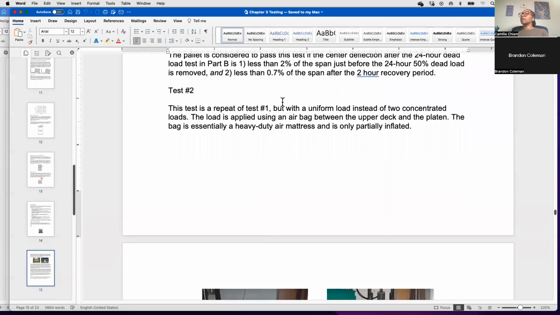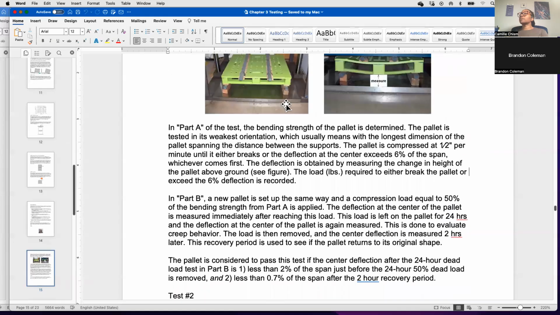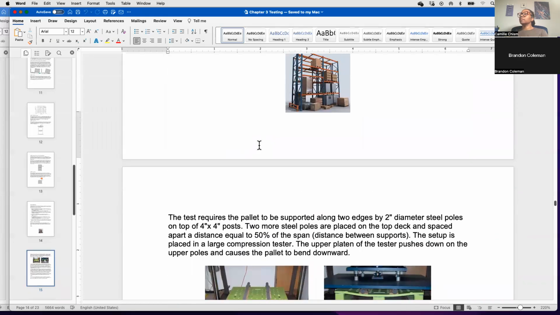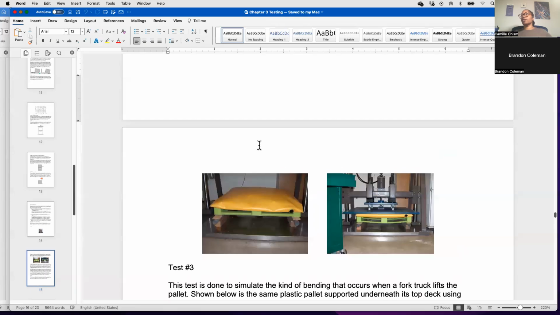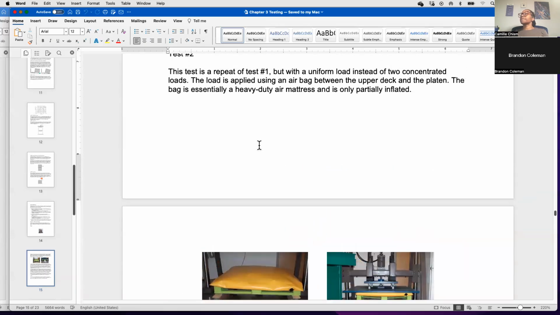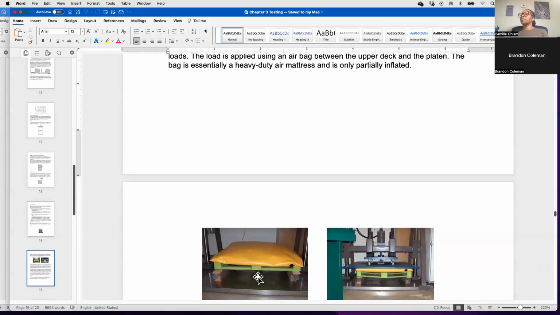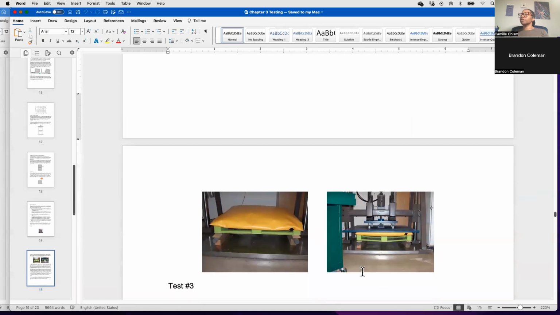Let's see. The next one, same thing. But instead of having a concentrated load, because that's what this simulates, you have a load that's spread across the whole pallet. And they're using an airbag for this one, in between the pallet and the platen for the compression test.